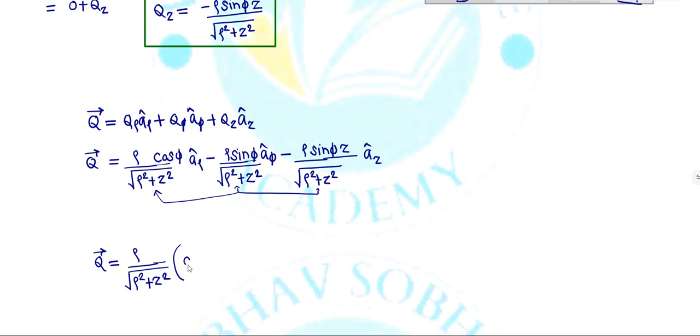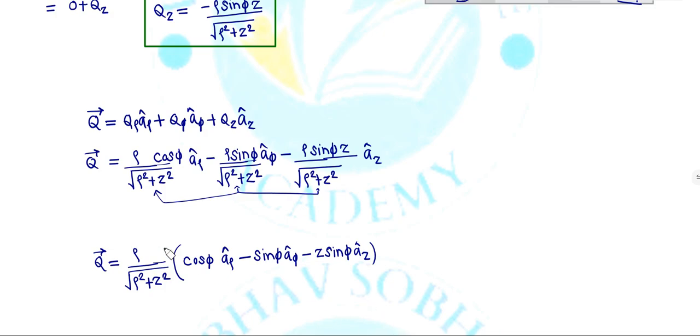Now you can rewrite within that bracket what is left. So what is left from your very first term? So we are left with the cos of phi a rho minus sine of phi a phi, then minus z sine phi, z sine phi, sorry, z sine phi is z.